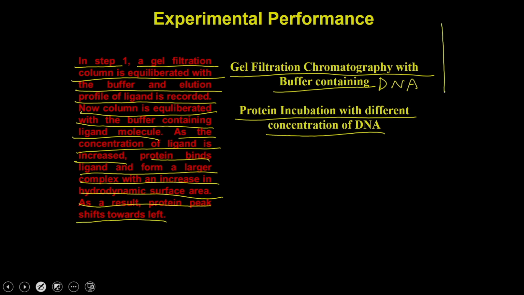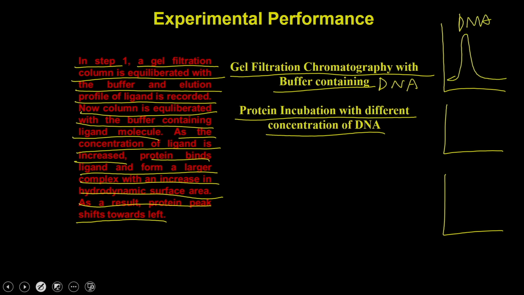In this case, you are going to run the gel filtration column three times. First for DNA. DNA is very large, so it is going to give you a peak. Second, the protein, which is also going to give you a peak.